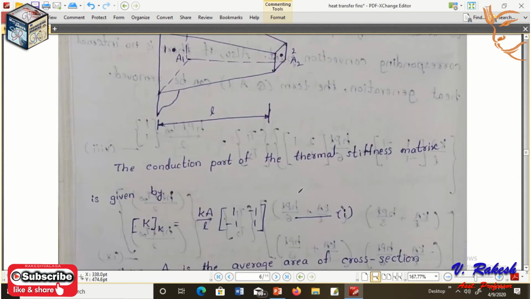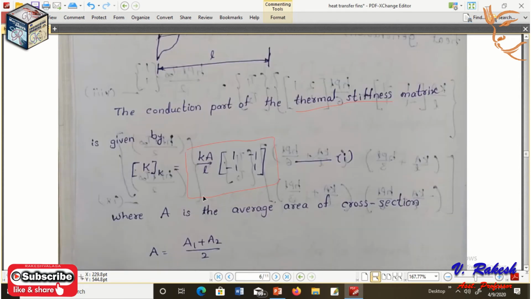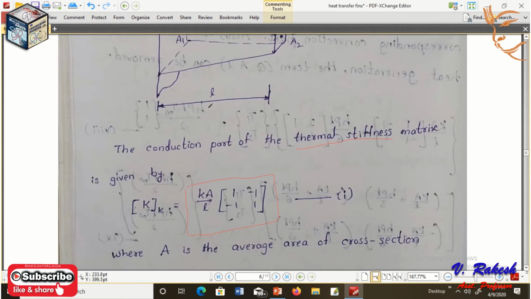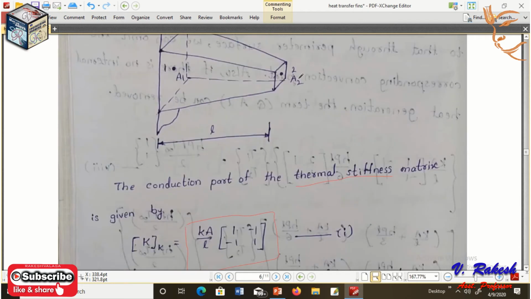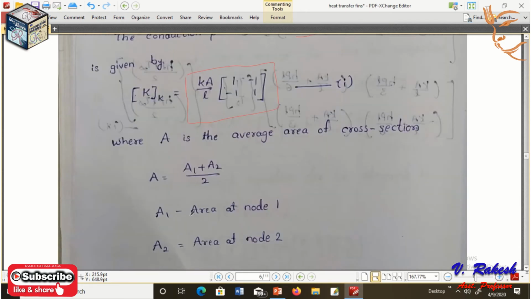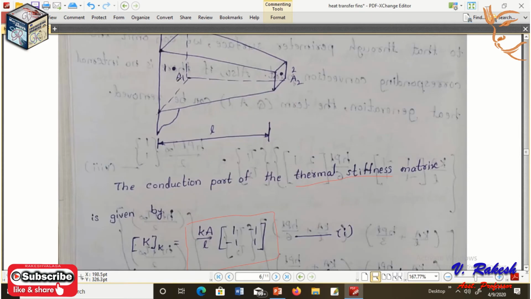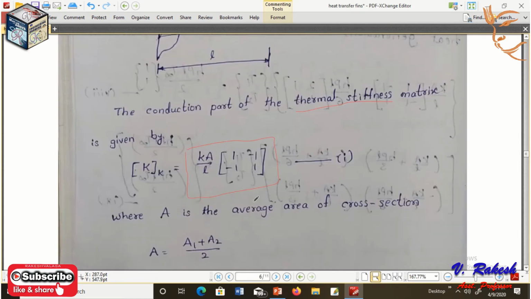The conduction part of the thermal stiffness matrix is given by Kk equal Ka by L into 1 minus 1 minus 1 1, where A is the average area of the cross section. That means A equals A1 plus A2 by 2. A1 is area at node 1, A2 is area at node 2.